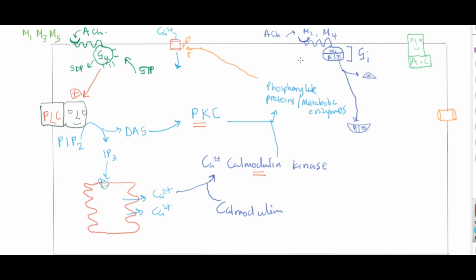It's responsible for the conversion of ATP to cyclic AMP. So what will happen is this alpha subunit will inhibit this enzyme. If it inhibits this enzyme, there will be less cyclic AMP in the cell.